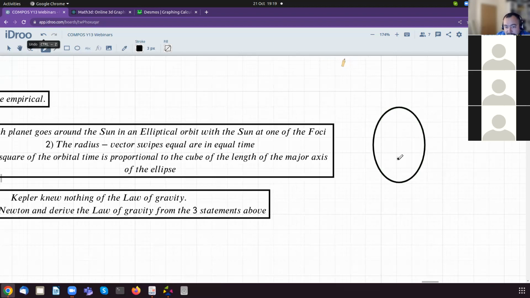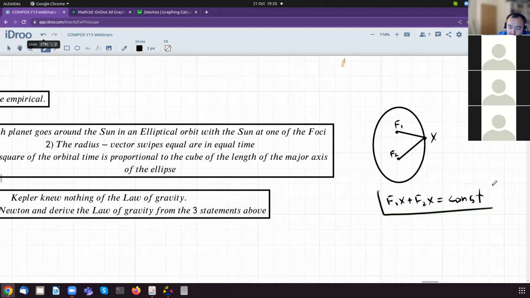An ellipse is a shape which has 2 foci, and the property is that for any point x on the ellipse, f1x plus f2x is a constant. That's the definition of an ellipse.